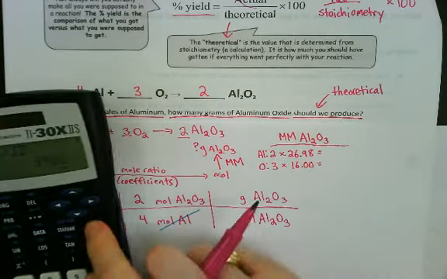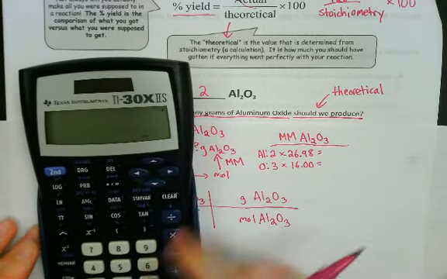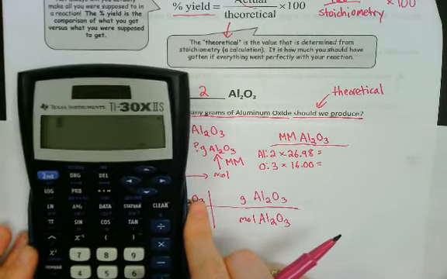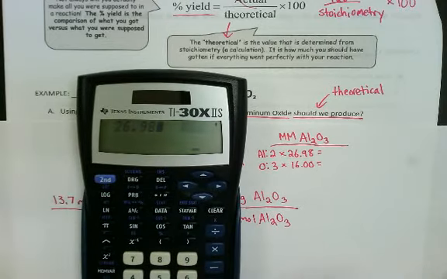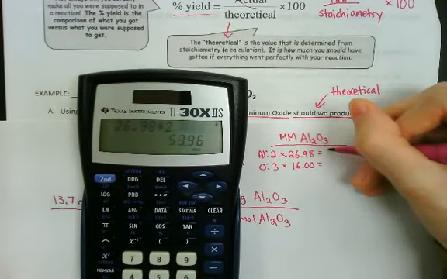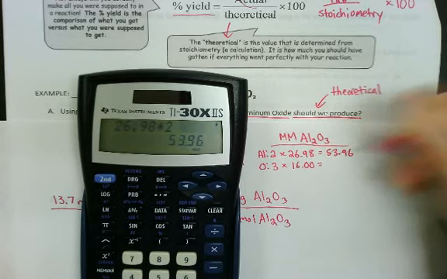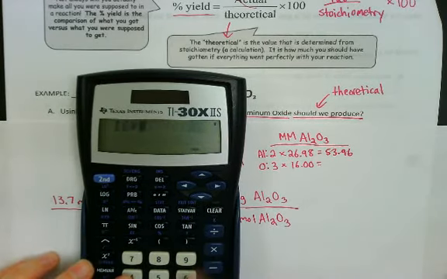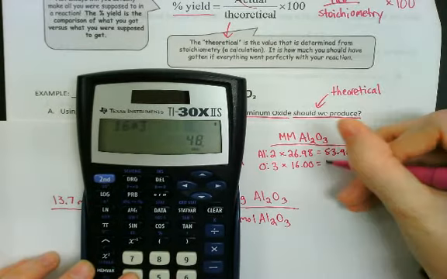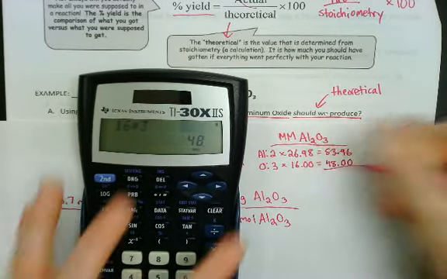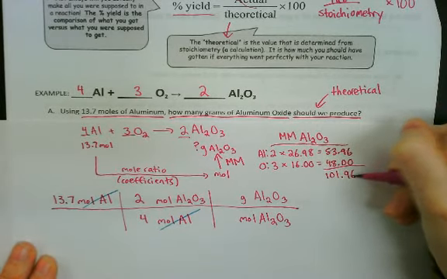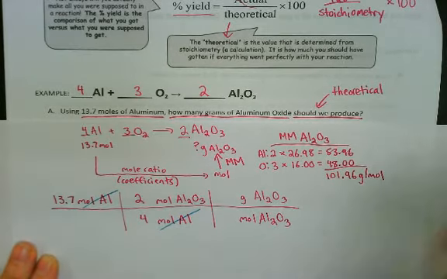So if you want to practice typing this into your calculator, you can. In the end, you're going to get 53.96 plus 48 for a total of 101.96 grams per mole.